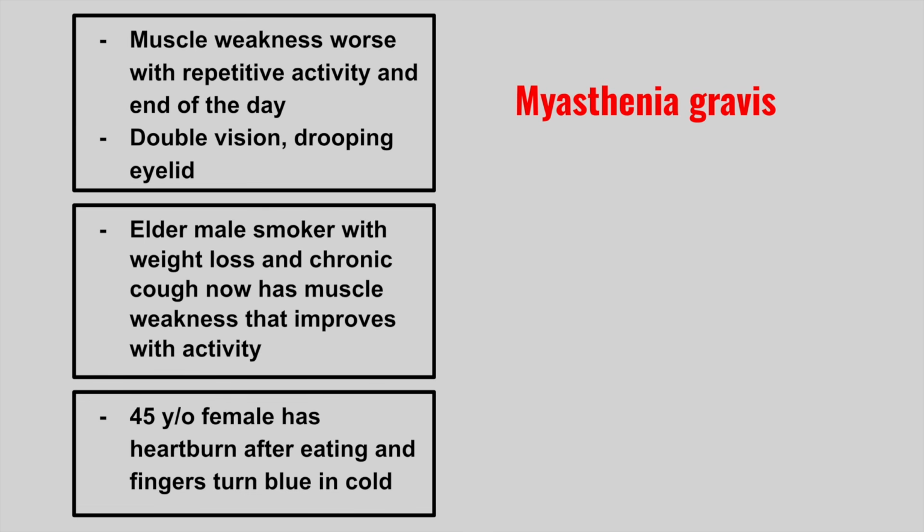Next, we have an elder male smoker with weight loss and a chronic cough who now develops muscle weakness that improves with activity. So this is Lambert-Eaton syndrome, and here we have antibodies against the presynaptic calcium channels. And this is associated with small cell lung cancer.